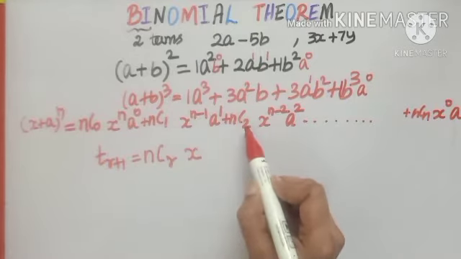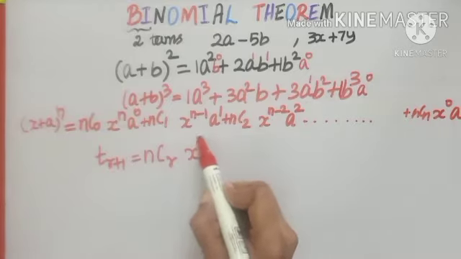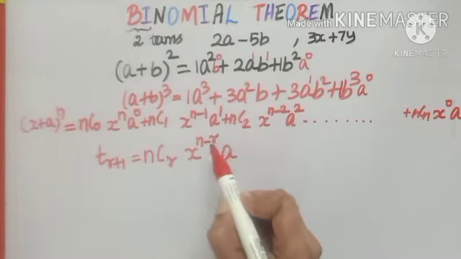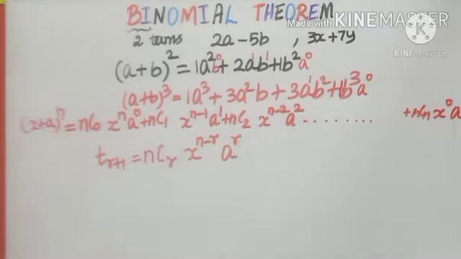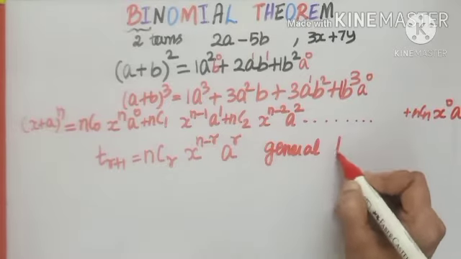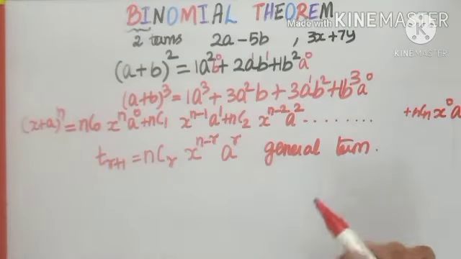Here n and 2, power is n minus 2. So, here n and r, power is n minus r. A power: here 1, here 2. So, here r. So, this we call general term. So, in a binomial theorem, what is important to remember is the general term formula.